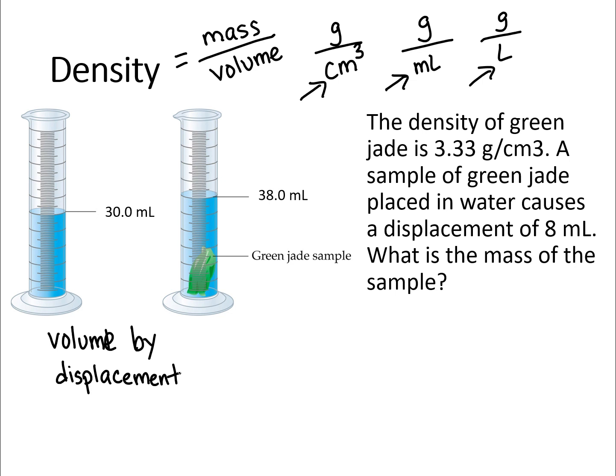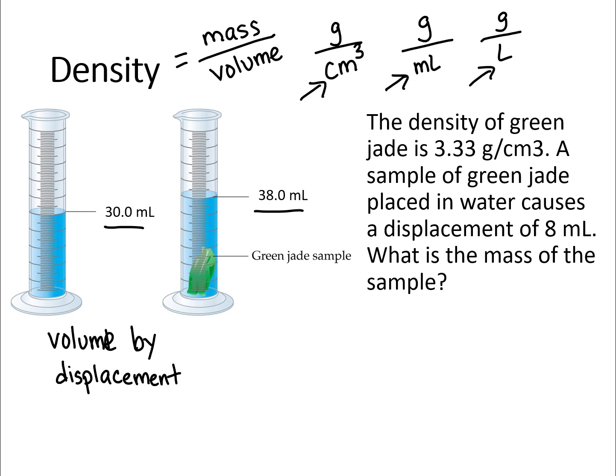That level rising is called displacement. The difference between the initial reading and the final reading of the water tells you the volume of your sample. Are we good so far with those concepts? Density is mass divided by volume. There's many different flavors of units, and volume by displacement. Okay, great. So let's do the actual problem.